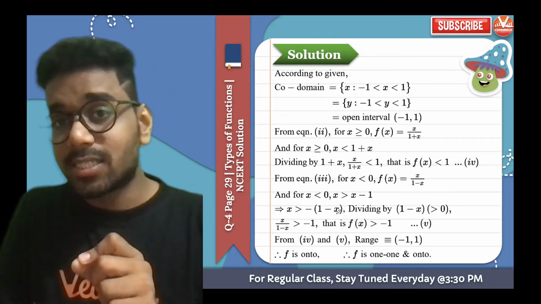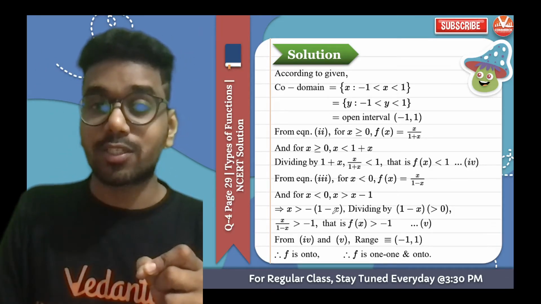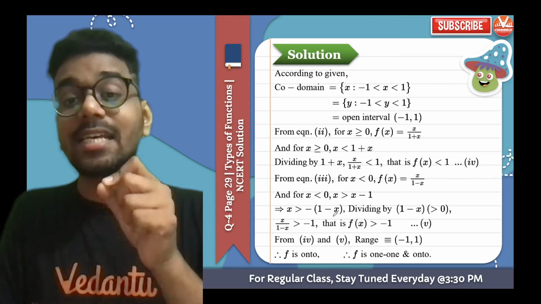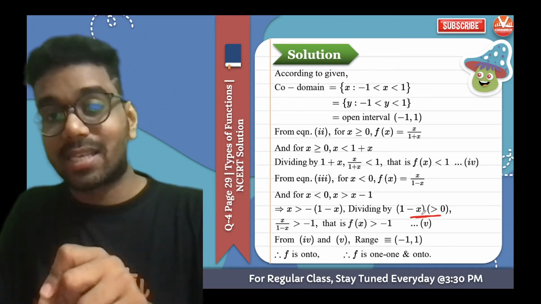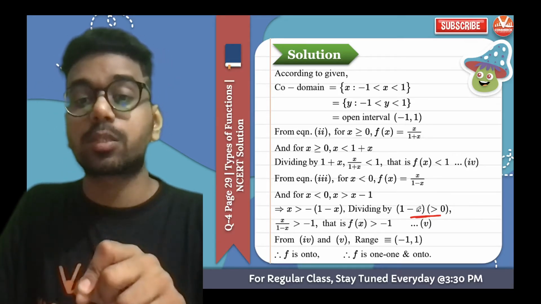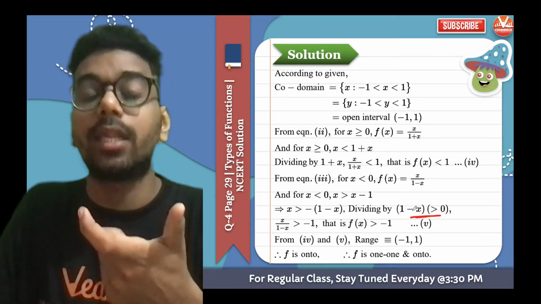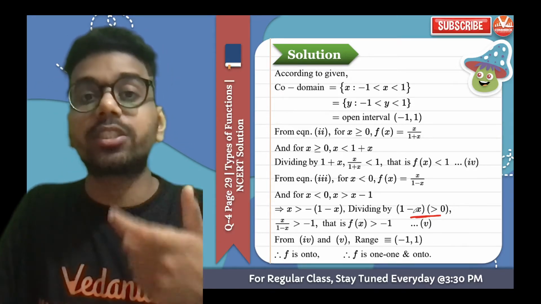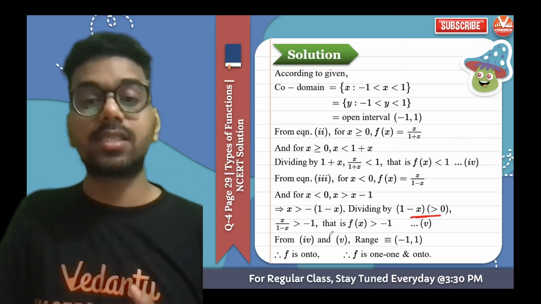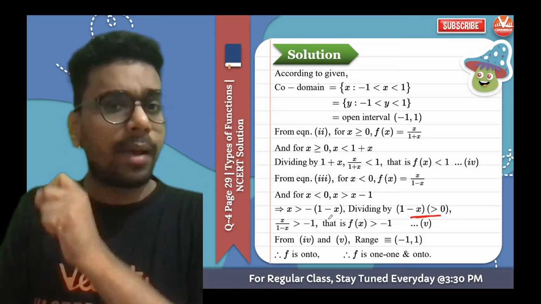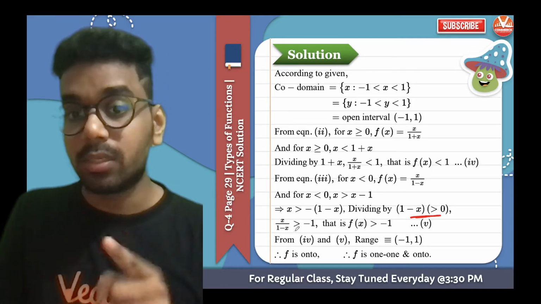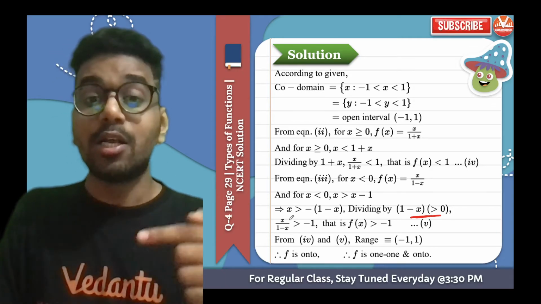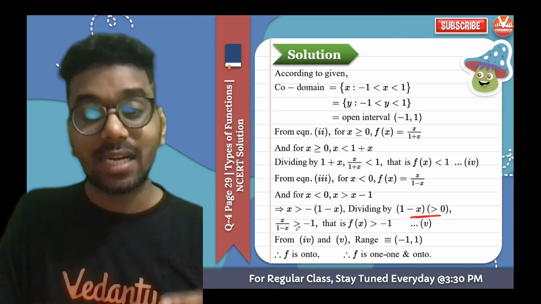Because x is negative, minus of x is positive, so 1 minus x is greater than 0. Basically you are adding a number to one positive number. So this is greater than 0. Now divide both sides by 1 minus x. You can divide by the positive number and keep the sign same. So x upon 1 minus x is greater than minus 1.